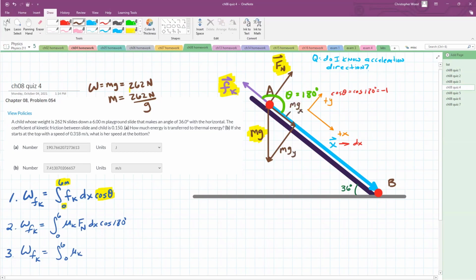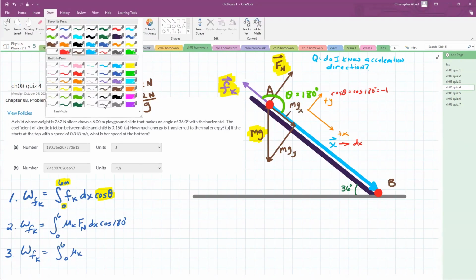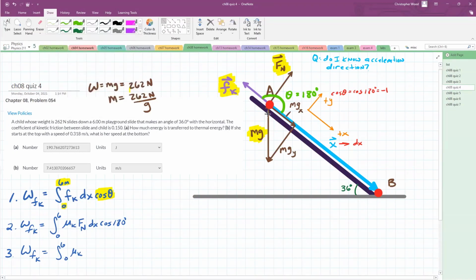And then I have to play my angle game. Well, here's how I'll do it. I'll just add some supporting grid lines here. Here it goes.